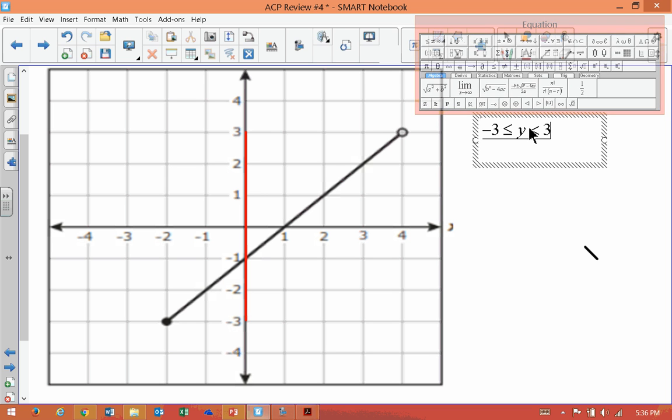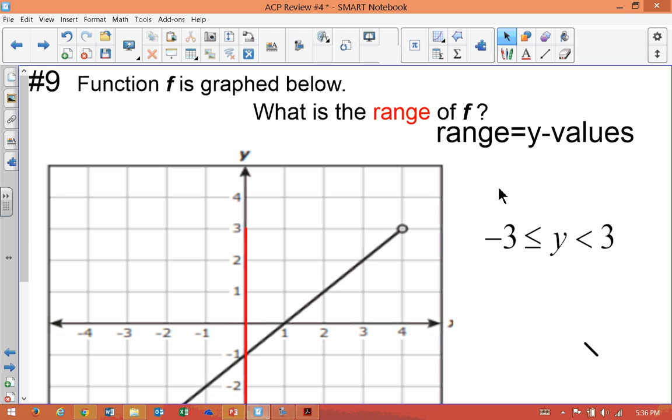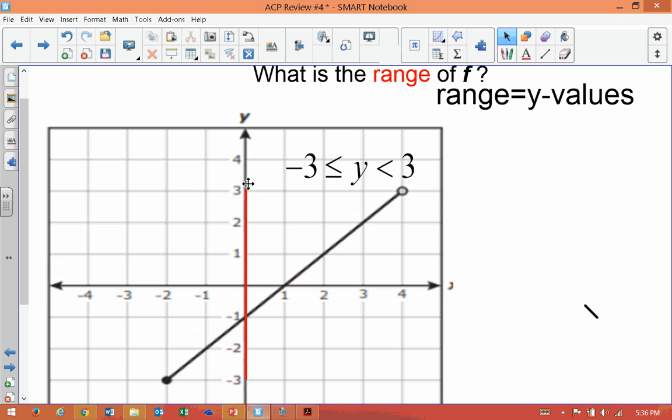I'm just going to say y is between -3 and 3, but it includes -3, but does not include +3, and that is the range of this function.